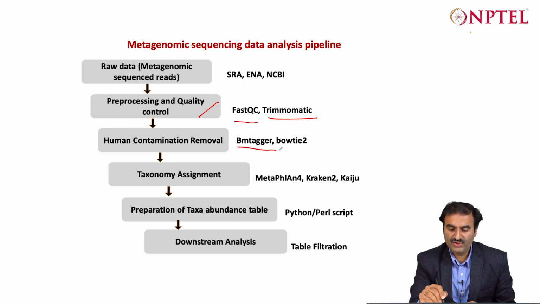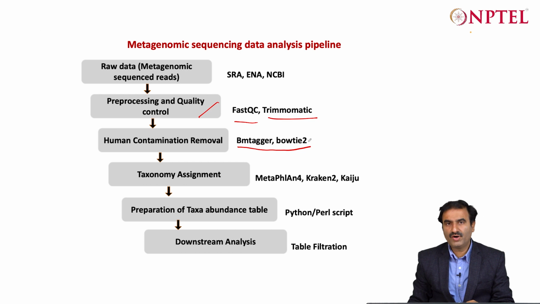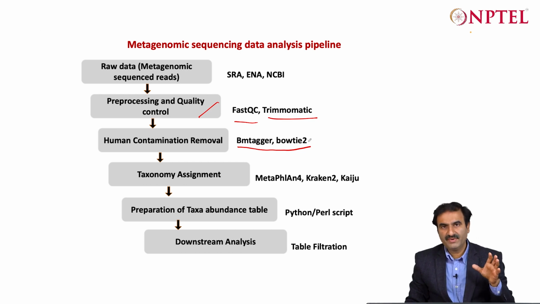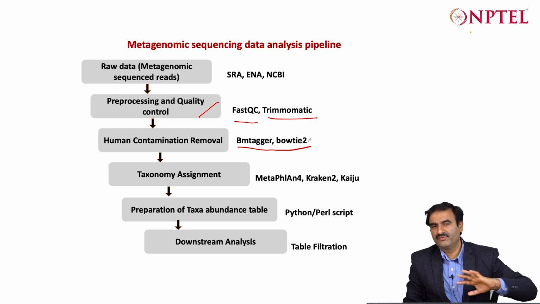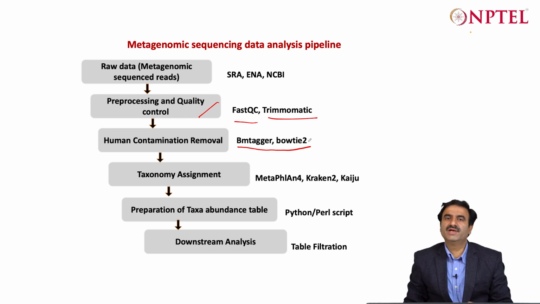You have to get rid of the human contamination or any environmental contamination that may happen, because for example, if you are deriving something from a human host, say human gut microbiome or skin microbiome, there could be contamination by human cells or human fecal DNA. So for that you have to use BMTagger or Bowtie2 to remove the eukaryotic or human components from that data, because otherwise your analysis will be biased and not correct.